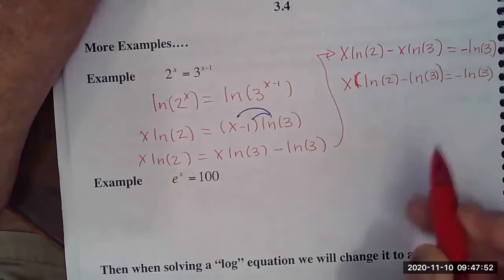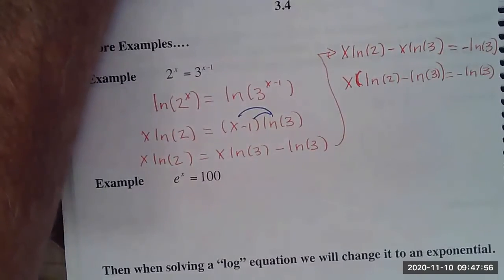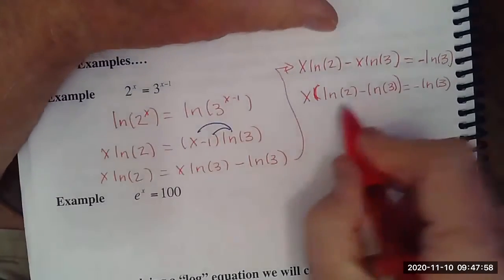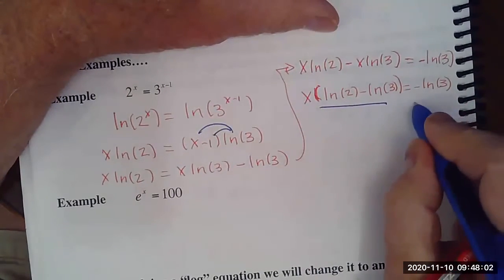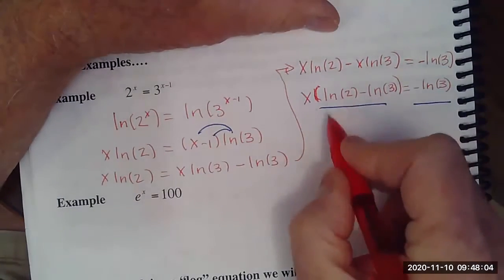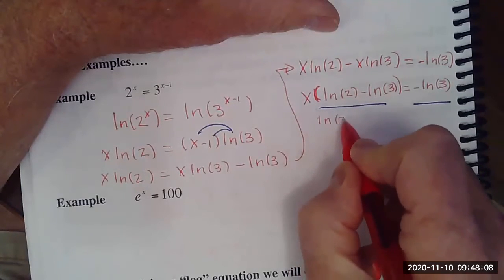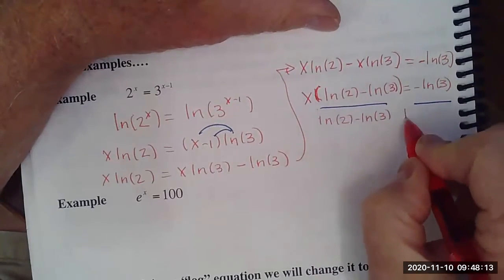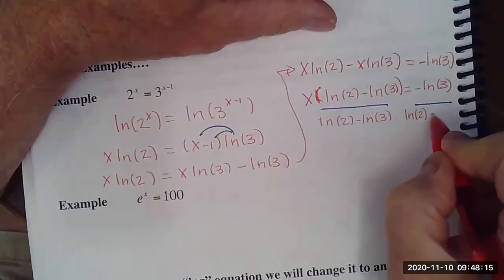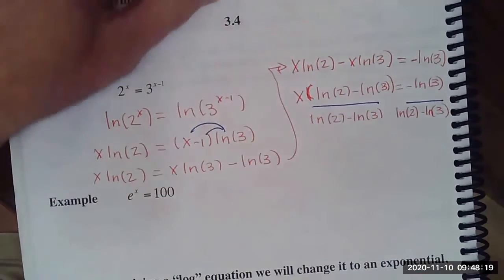What a mess. Anyway, all of this inside the parentheses is just a weird number. So I'm going to divide both sides by ln 2 minus ln 3.